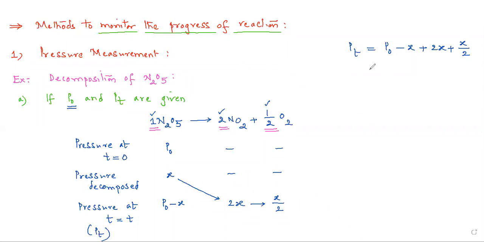Now, this can be written as P naught plus x by 2, nothing but P naught plus 3x by 2, right? So this is PT.